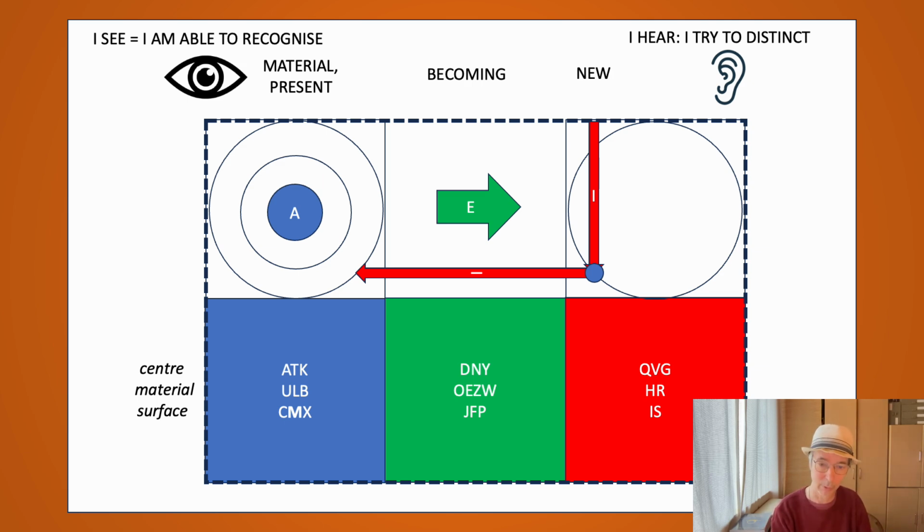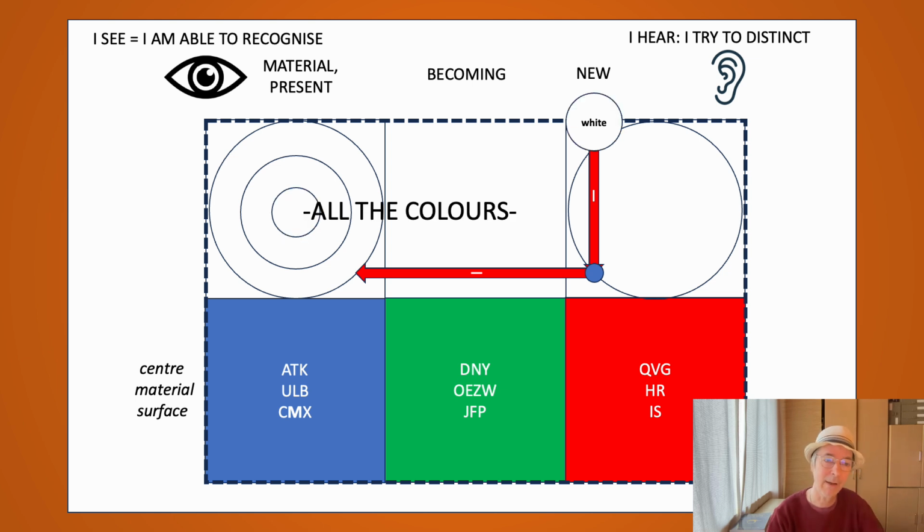If I compare it to colors, for instance, and I have all the colors that I can see within range, what kind of color can the E be? It has the new area, the next level. It's the overview. It's the overseer among the colors. Then it fits most to the color white.